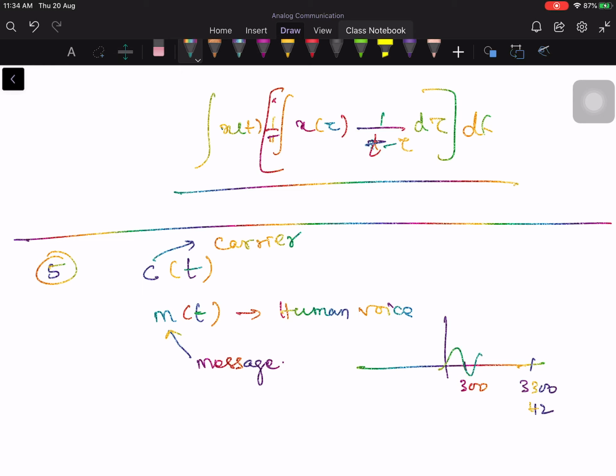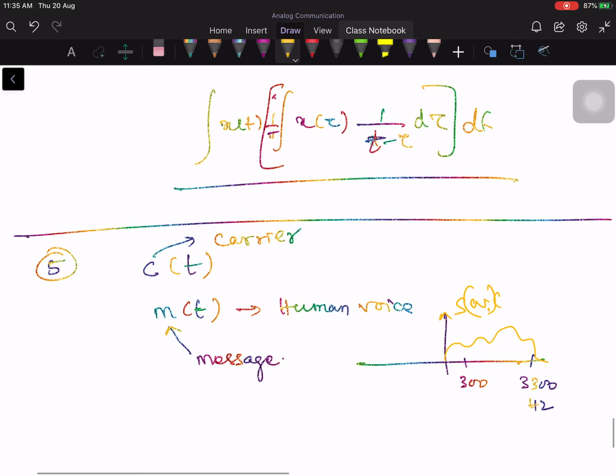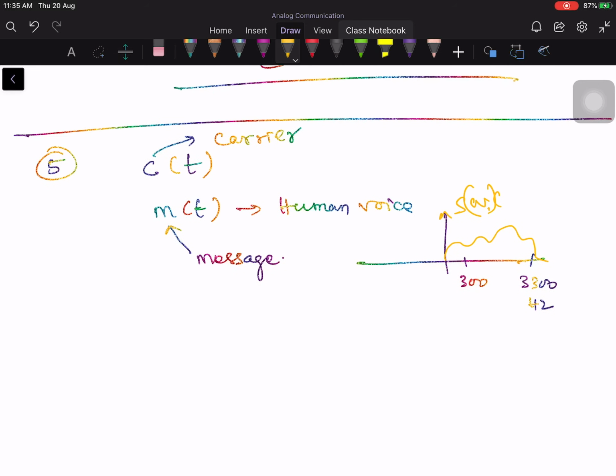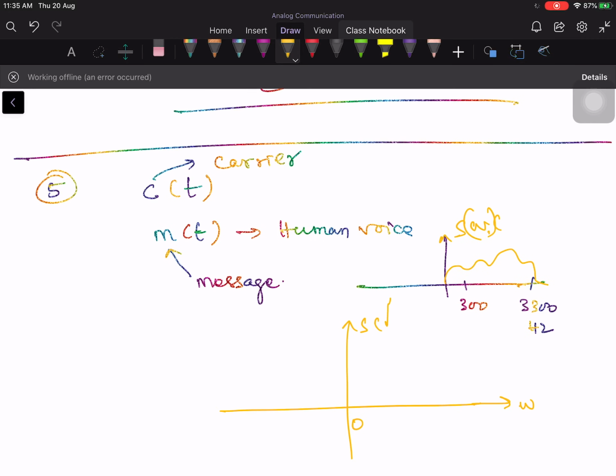Its spectrum may look like this. It is the spectrum of your voice signal, the power spectrum, S of omega. If you take a real signal, then the spectrum, this is 0, this is omega, S of omega.